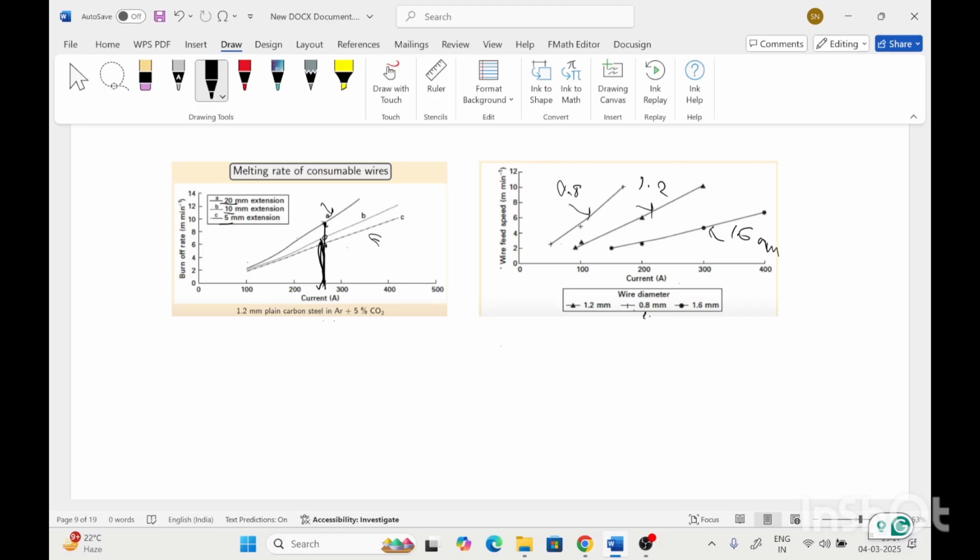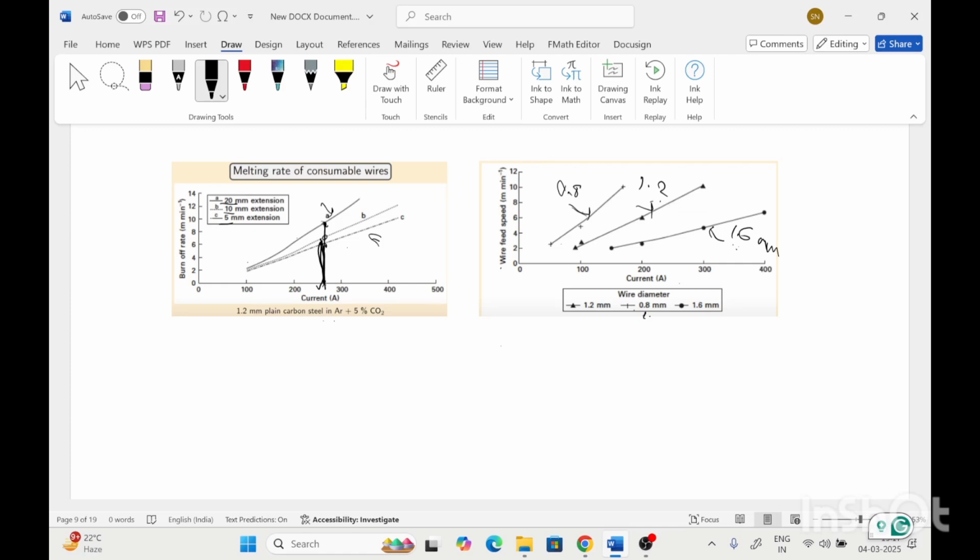And in the second graph, the first line is for 4.8 mm wire diameter, the second line is for 1.2 mm wire diameter, and the third for 1.6 mm.